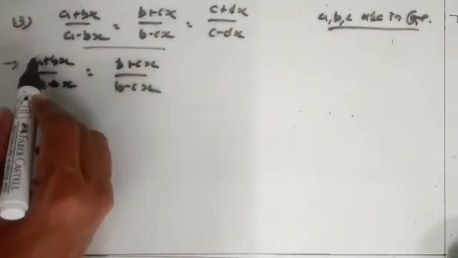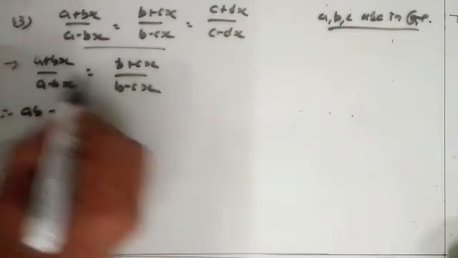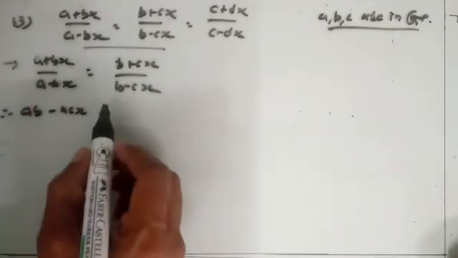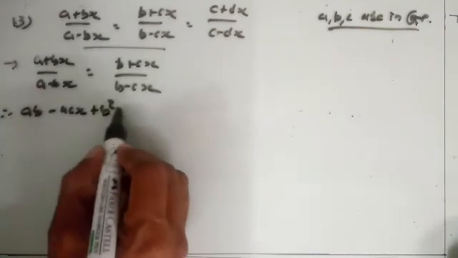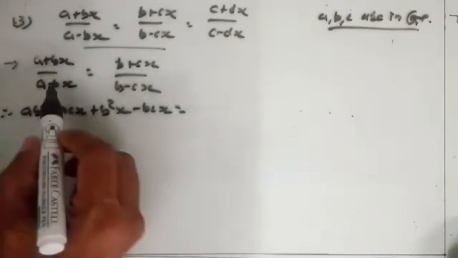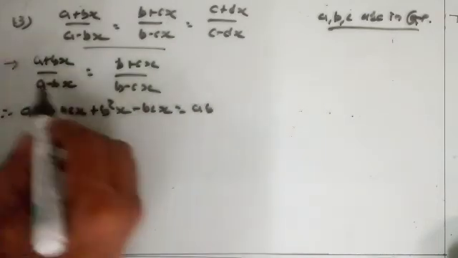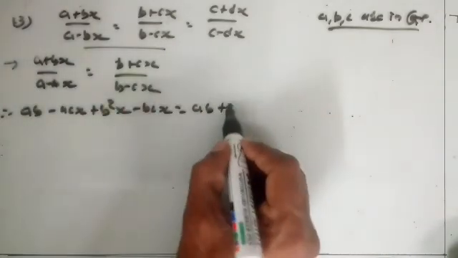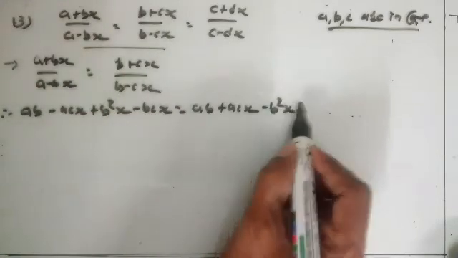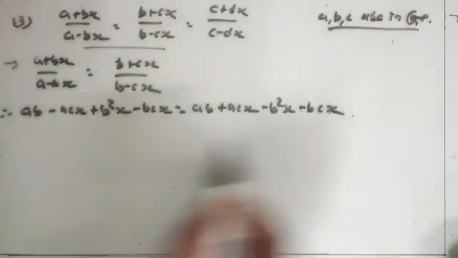Therefore, taking the cross product, a plus bx into this: a into b, that is ab, minus a into cx, that is acx, plus bx into b, that is b square x, minus bx into c x, that is bcx, is equal to, similarly, a into this: ab plus acx, minus bx into b, that is b square x, minus bcx.